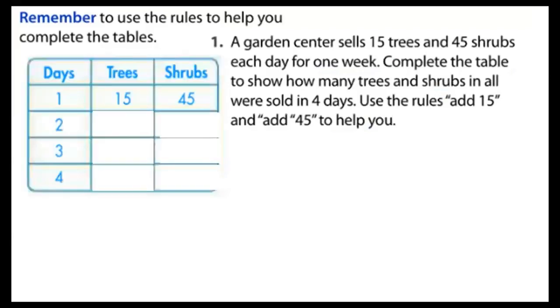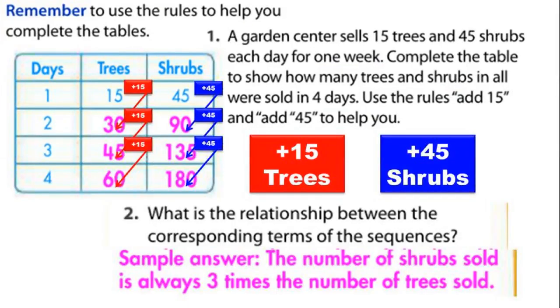So this is the table. You are going to use the rule add 15 to get the number of trees and add 45 to get the number of shrubs. Okay, so 15 for trees and 45 for shrubs.